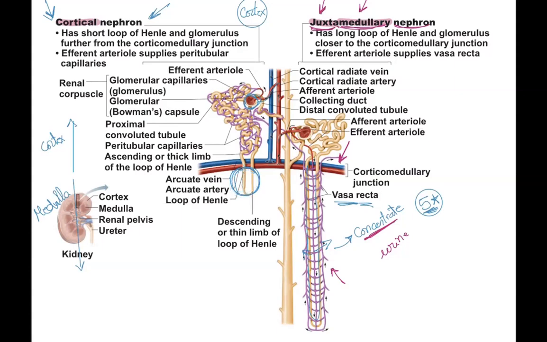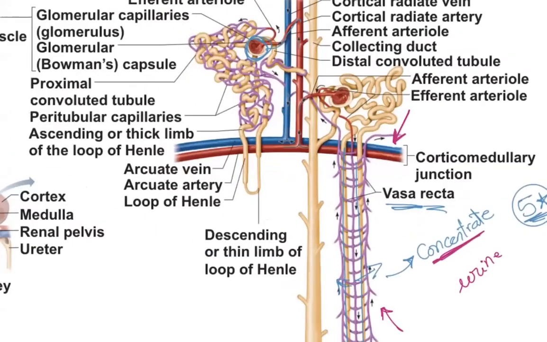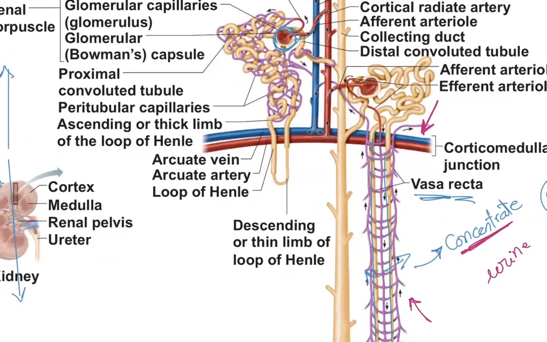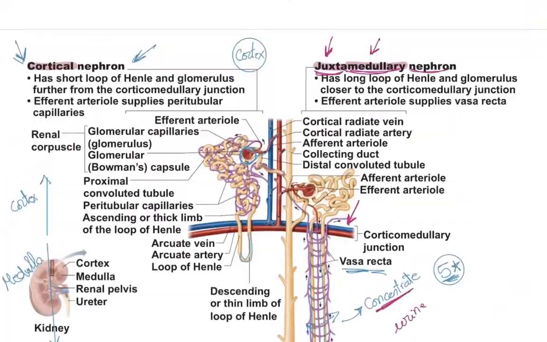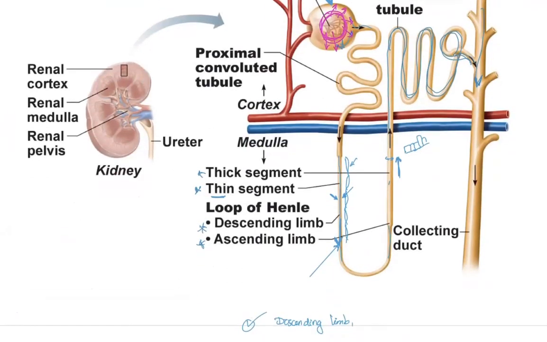A way for you to be able to tell whether you're looking at proximal convoluted tubules or distal convoluted tubules is to look at the loop of Henle. The loop of Henle has a thin segment and a thick segment. The thin segment, if you see on here, is part of my descending limb of the loop of Henle.